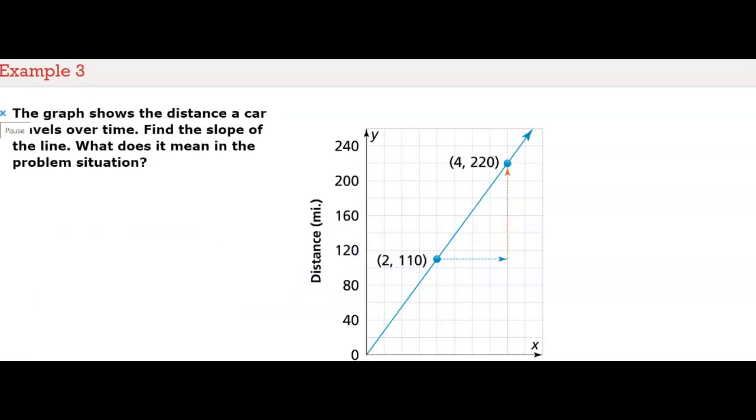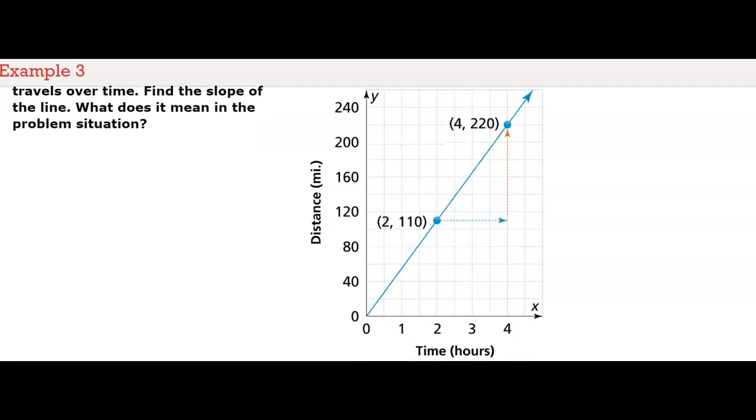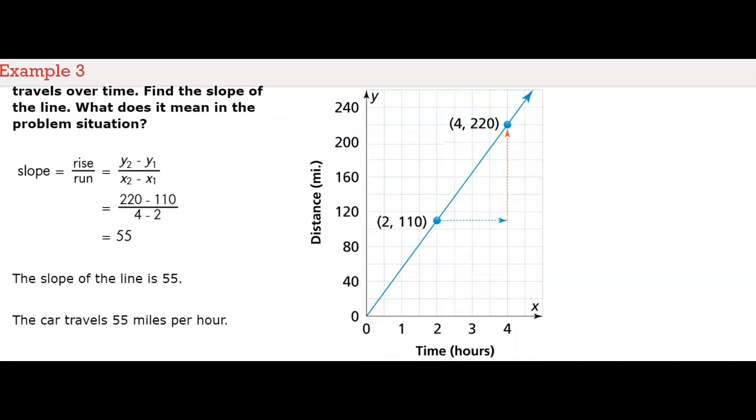The graph shows the distance a car travels over time. Find the slope of the line. What does it mean in the problem situation? So we need to find the slope of this line, its rise over run.